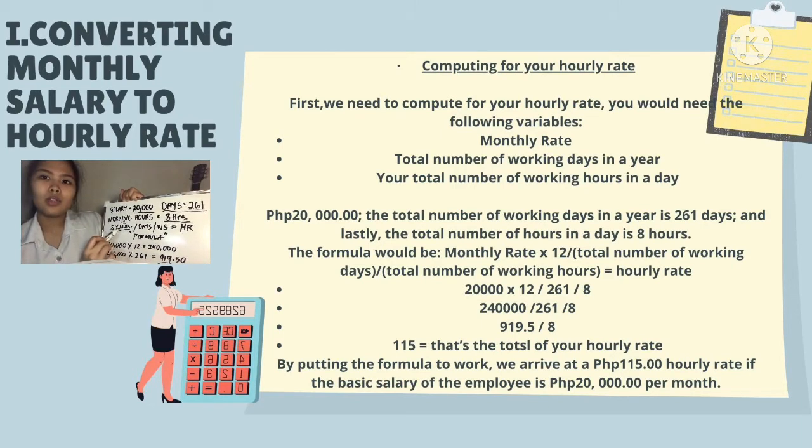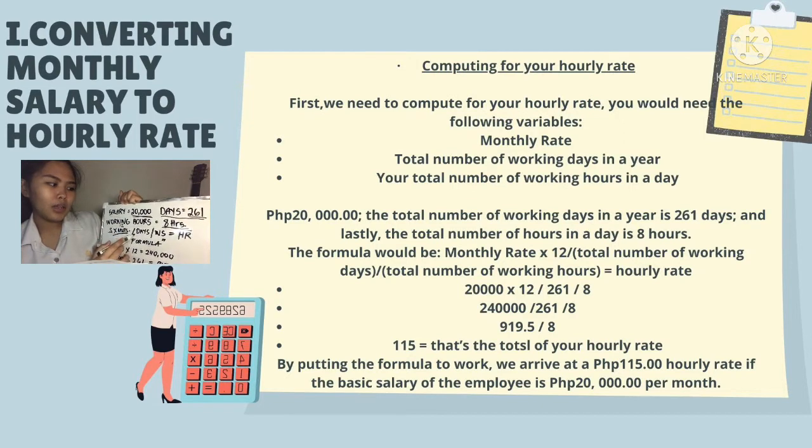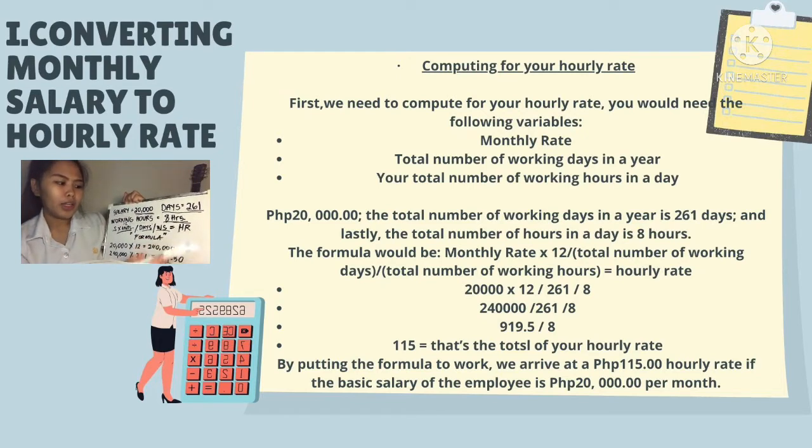Because 12 is the number of months in a year. And after that, pag nakuha mo na siya, divide mo siya into days, which is 261. After mo makuha yung computation ng days, i-divide mo naman siya into your working hours, so that makukuha mo na yung total hourly rate mo.